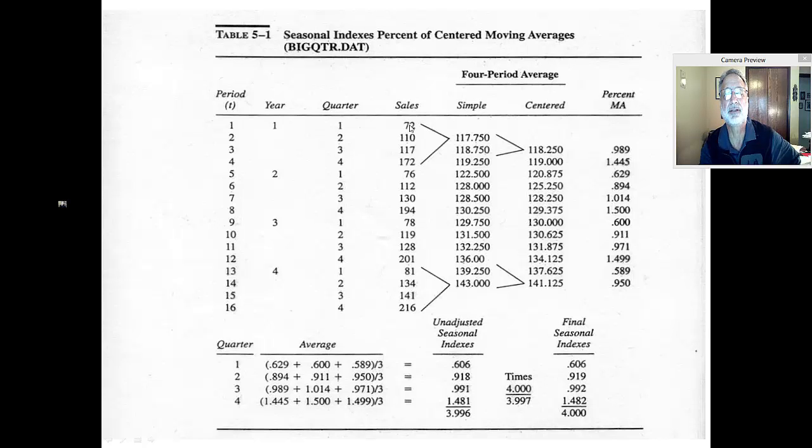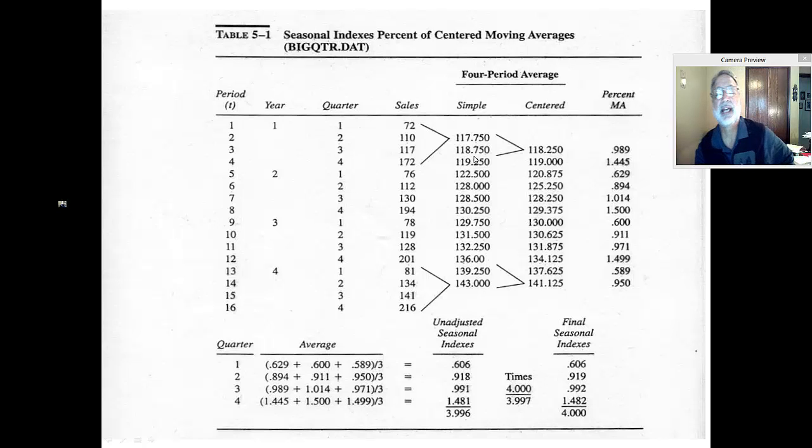I'm going to add 72 to 110, 117, and 172, okay? And divide that by 4. That becomes 117.75. Then I'm going to take 110, 117, 172, and 76, divide by 4. That becomes 118.75.